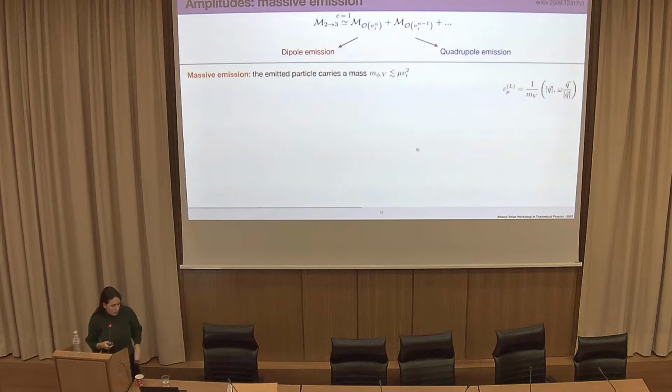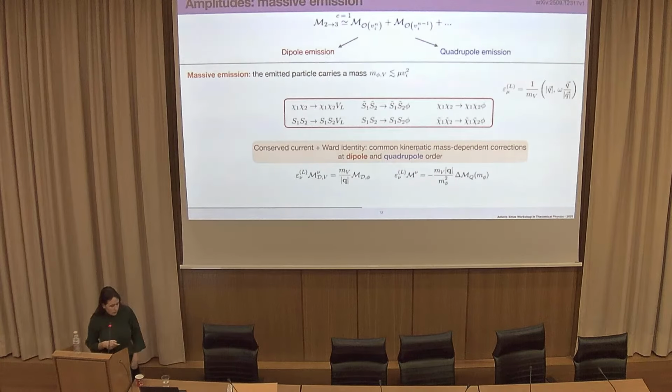So up to now, what I presented to you was the case of massless emission, but nothing forbids us from imagining that the emitted particle is actually carrying a small but allowed mass. In that case, for vector emission, it means that you need to add the longitudinal component to the transverse ones that you have in the massless case.